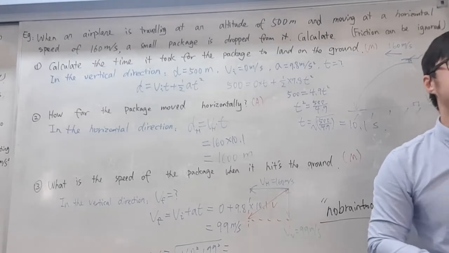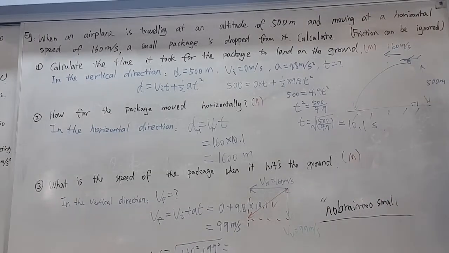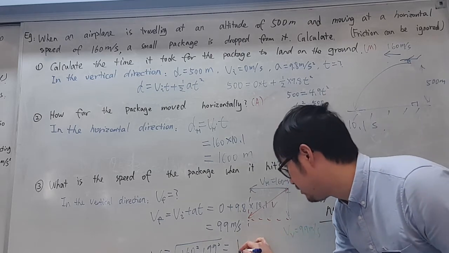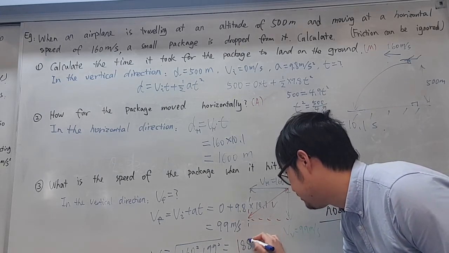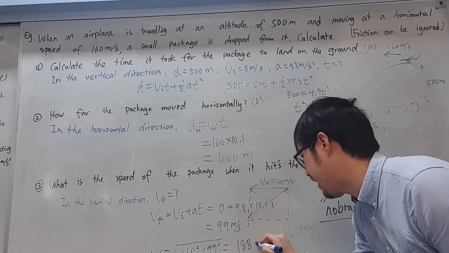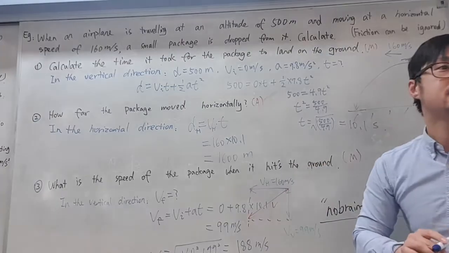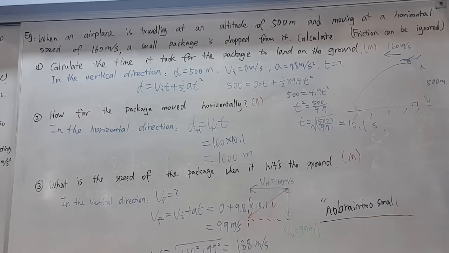Can anyone put this in the calculator for me? What speed would you get? 188.2. Okay, so let's just say 188 meters per second. So that is my speed when the bomb lands on the ground, well, or the package, right?